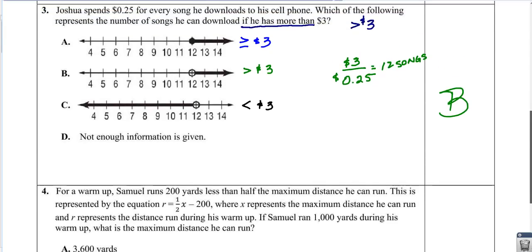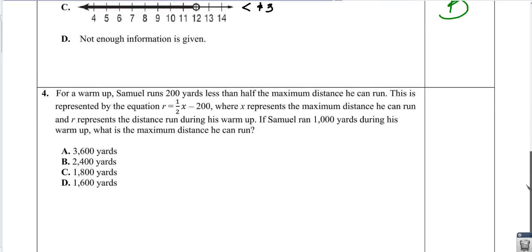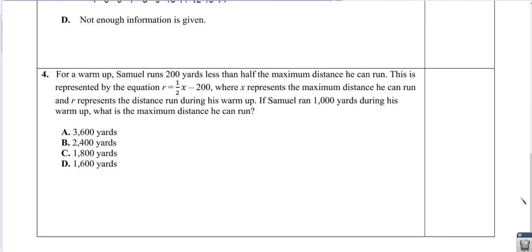All right, number 4. And 4 was a problem that yesterday when we discussed it, a lot of people felt like they had no idea, but I'll bet after seeing it once, it's going to make more sense now. Remember what we said yesterday?